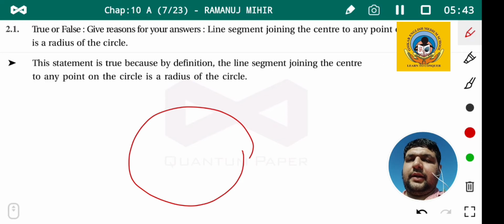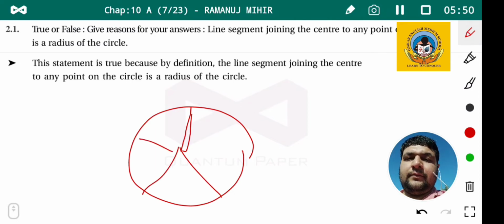If you draw a line segment from the center to a point on the circle like this, all the line segments from the center to the circle are called the radius. The direction doesn't matter, but the line segment from the center to a point on the circle is called the radius of the circle.